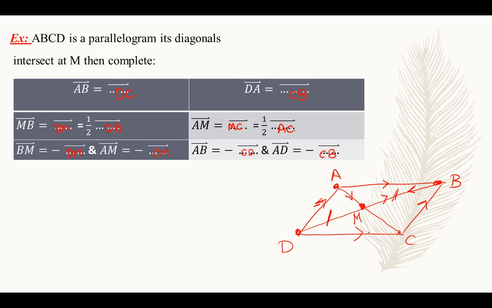They are equal in length and opposite in direction. AD equals negative CB, because they are equal in length and opposite in direction.